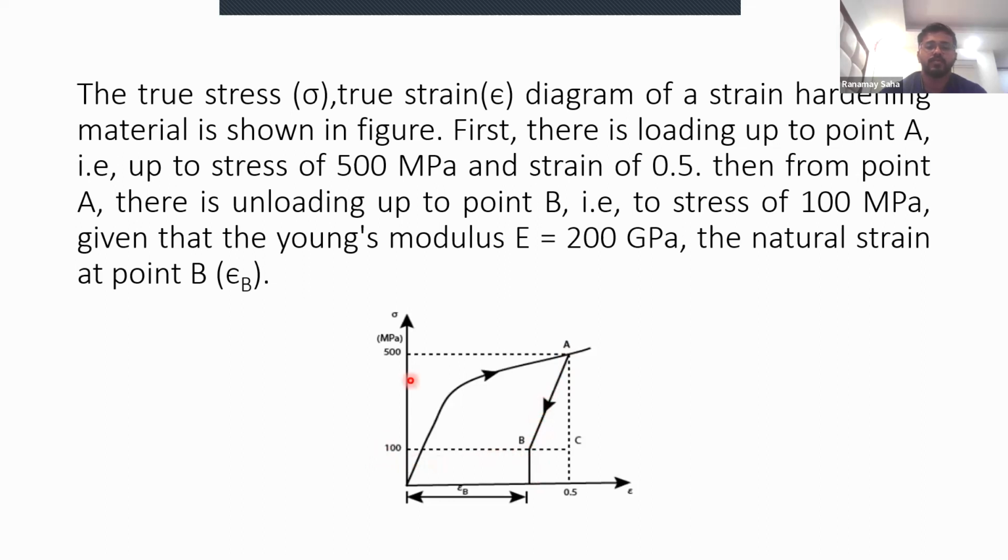Given that your Young's modulus is 200, you have to find out the natural strain at point B, that is your epsilon B. Okay, so let's try, then we'll discuss with you the solution.